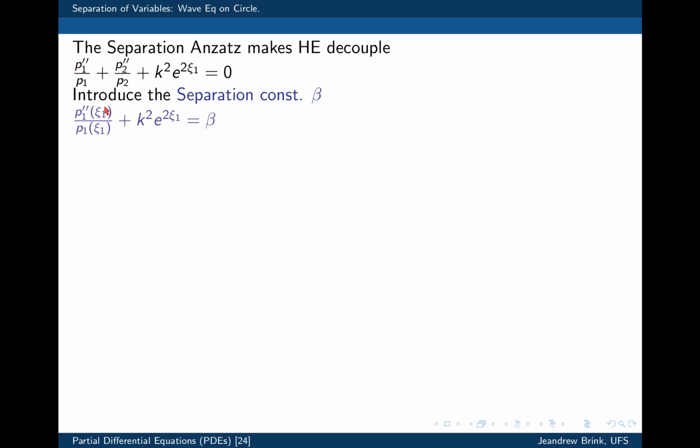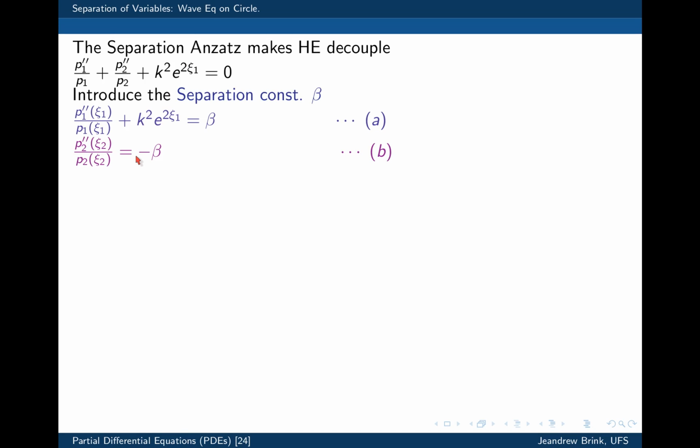The first is the part that depends on c1, the second derivative of p1 over p1, and it's this part over here, and we're going to put that equal to beta. Then the second equation, where we move this thing to the right-hand side, so we have a minus, and that's also going to be equal to beta, so we have this thing equal to minus beta.